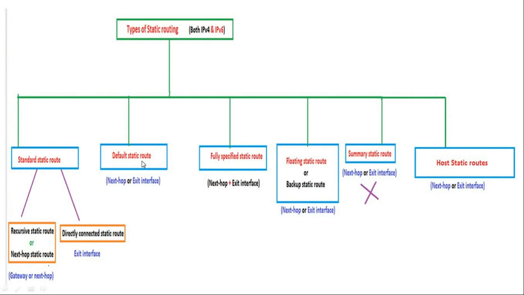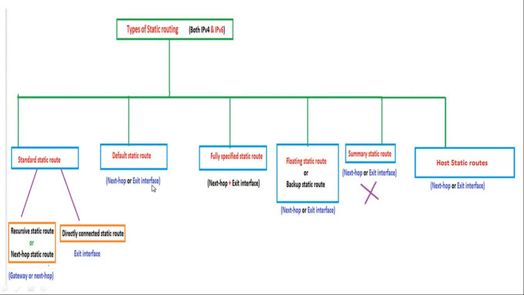The second one is the default static route. In default static route, we can use either next hop address or exit interface. If you want to use next hop, yes, you can use it. Or if you want exit interface, you can use it. But it depends upon the question.